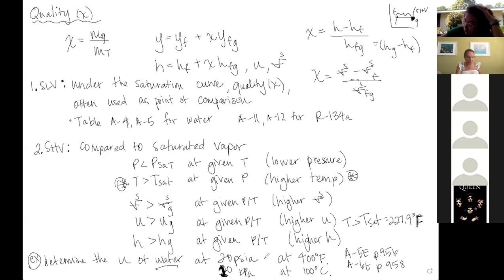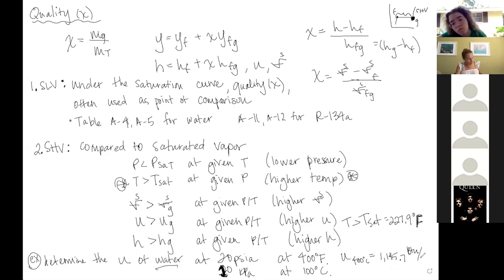So at a pressure of 20 psi, which is in the first box in the second row, I can see that my internal energy at 400 degrees Fahrenheit and 20 psi is 1,145.7 BTU per pound mass.